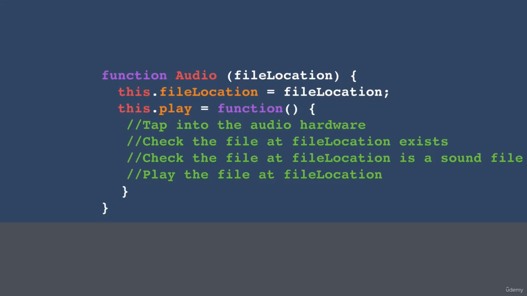And then this constructor function also has an associated method called play. And this play function does a number of things. For example, it might tap into the audio hardware of the computer. It might check whether the file at the file location specified exists. It might check that the file is actually a sound file. And then it might try and play that file at that location.